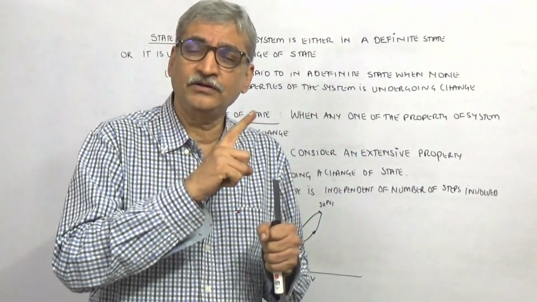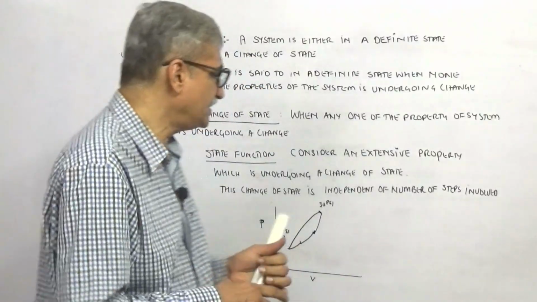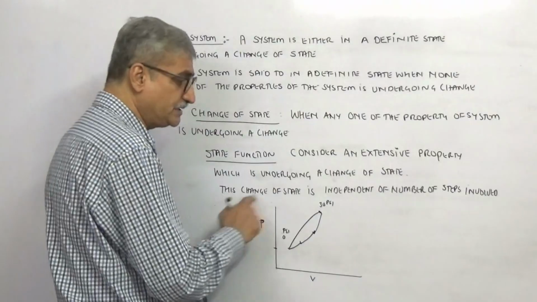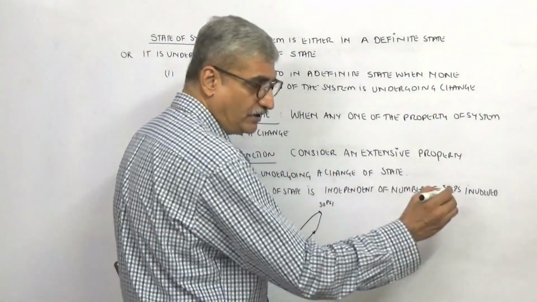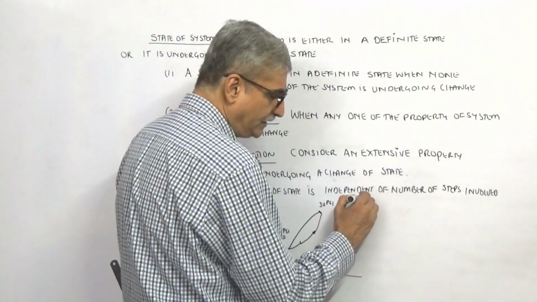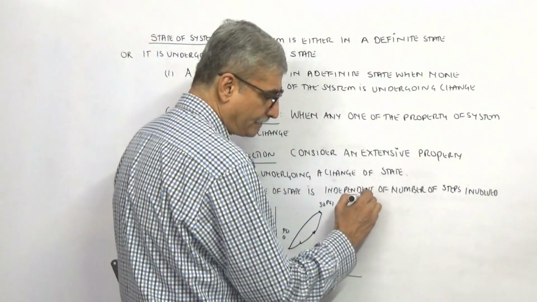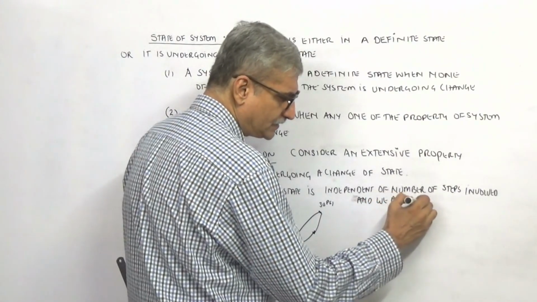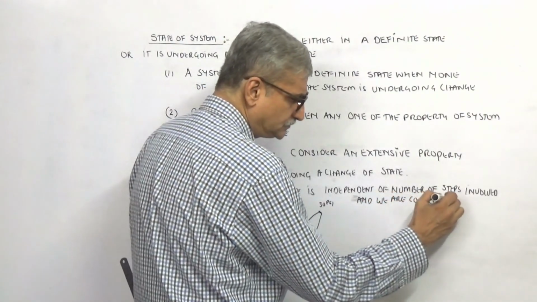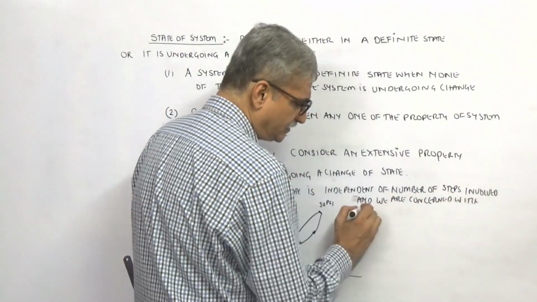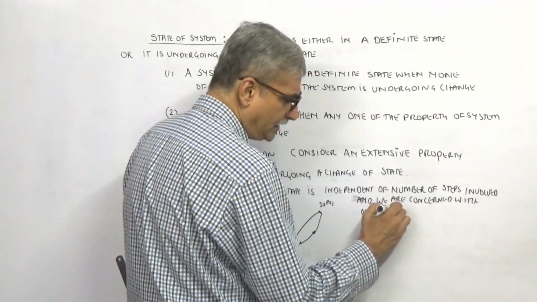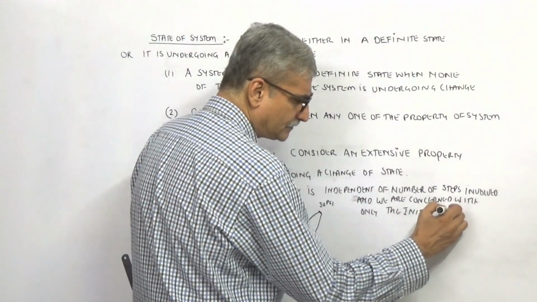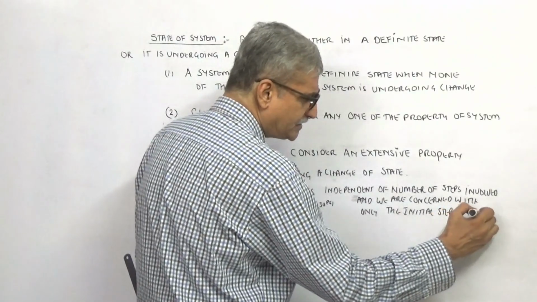You are only going to be bothered about the initial change and the final change. So in a state function, you think of what it is independent of the number of steps involved, and we are concerned with only the initial step and final step.